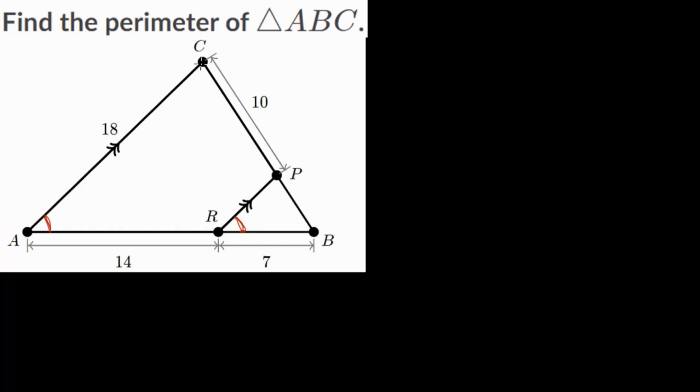Now, likewise, this angle C will be equal to this angle RPB, since these are corresponding angles, where our parallel lines were again cut by a transversal, though this time it's a different transversal, this line CP or CB.